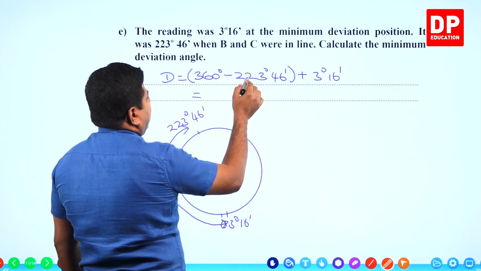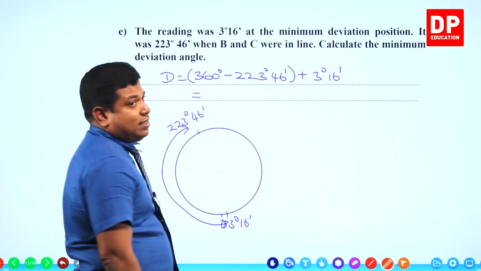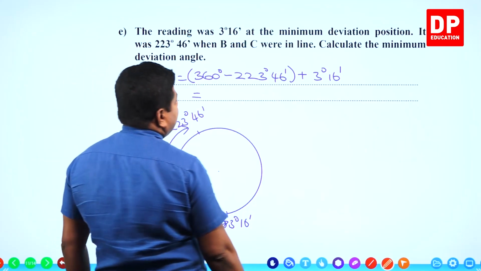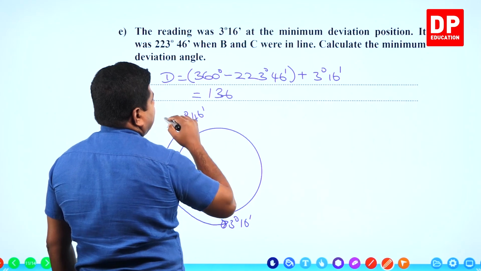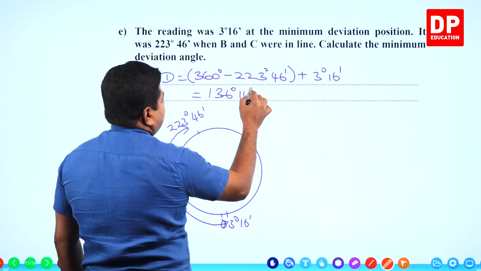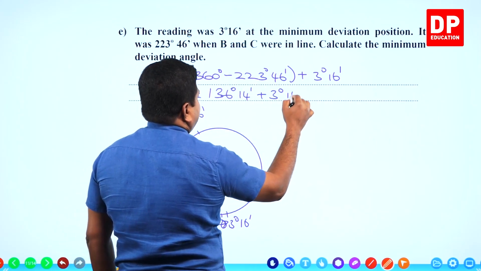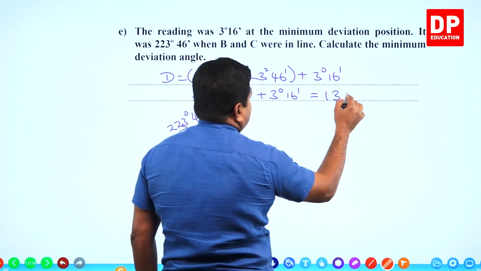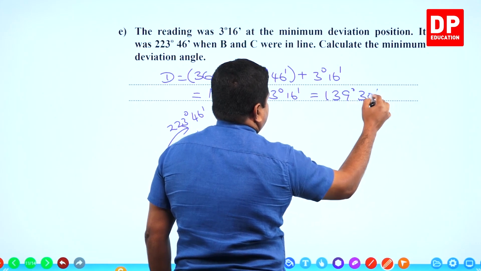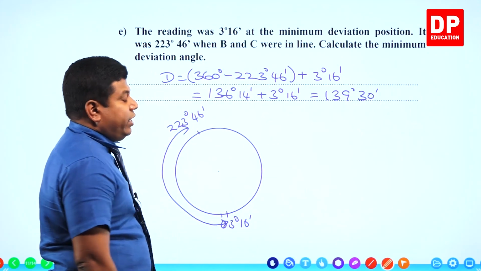That will be 136 degrees 14 minutes, plus 3 degrees 16 minutes. That is 139 degrees 30 minutes. That's what the minimum deviation is.